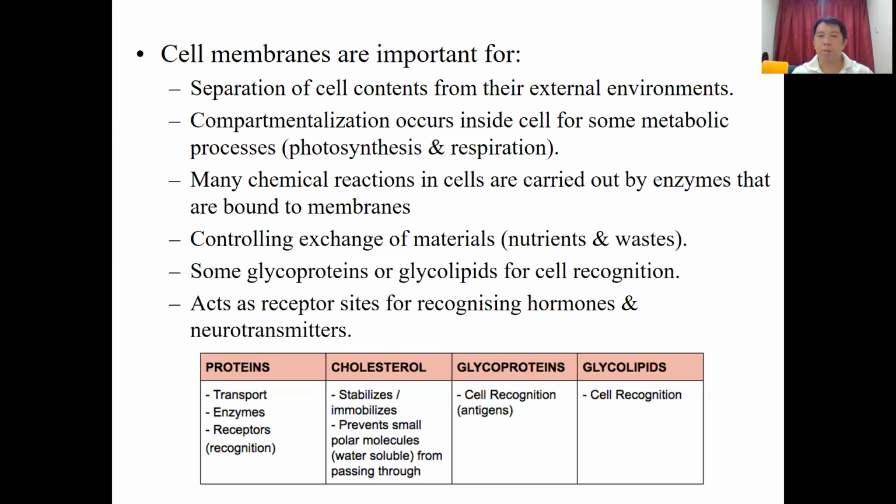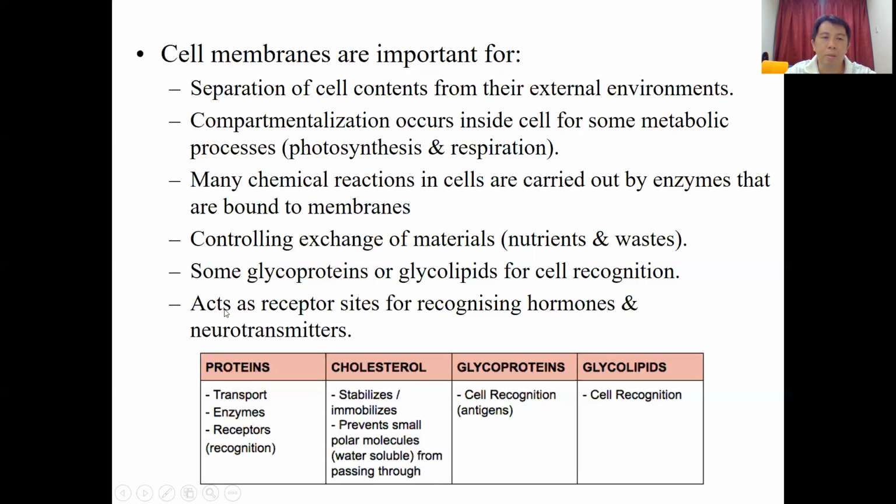Another function is controlling the exchange of materials. Because of the transport proteins, they can transport nutrients and waste into and out of the cell. It also allows certain substances which are small, apolar, and uncharged to pass through the cell membrane. Then on the cell membrane, some glycoproteins or glycolipids can be used for cell recognition because they can be used as antigens.